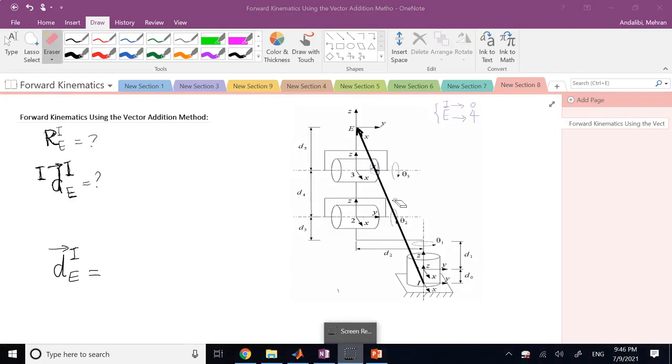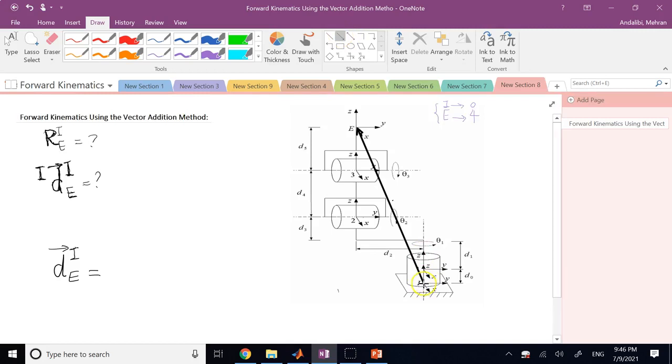Now here I did a little bit of cleaning and got rid of those different colors for different axes, just trying to make it a little bit cleaner. And now if I want to get this vector that is exactly what I need here, d of E with respect to I, if I want to get this vector in black, what I can do is to get these four vectors instead.